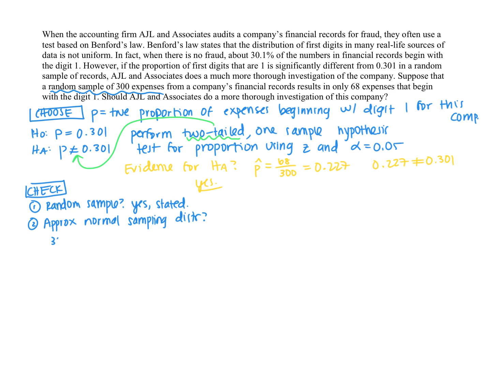So you'll take that 300 and you'll multiply by the value of the null, which gives us 90.3, which is yes greater than or equal to 10. And then you'll do 300 times 1 minus 0.301, which gives you 209.7, which, yes, is greater than or equal to 10. Again, you don't need to put symbols there. If you're going to put symbols, though, they need to be correct.